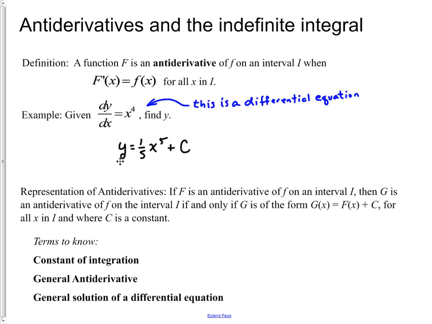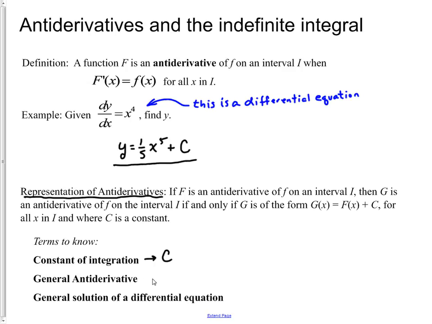We call this solution, where we don't know what the constant is but know that C is some constant, a function whose derivative is dy dx equals x to the 4th. That constant we call the constant of integration. What we're really doing here is giving ourselves a way to represent all antiderivatives, a family of antiderivatives, whose derivative is what our differential equation asks for.